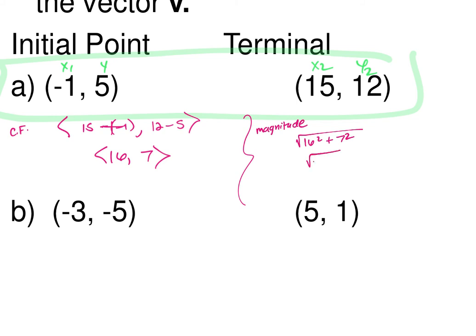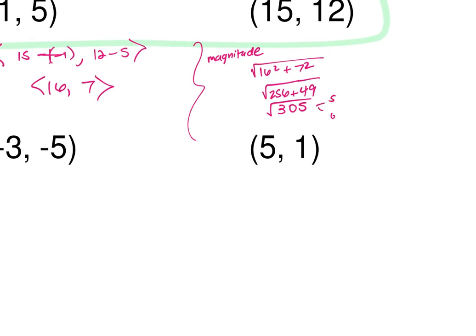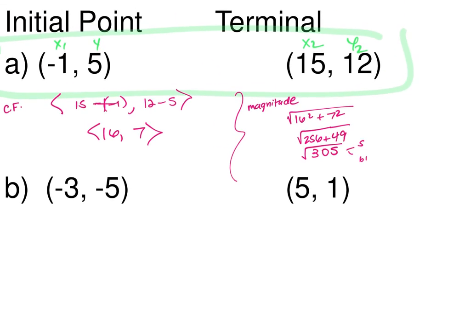So 16 times 16 is 256, and 7 times 7 is 49. I get the square root of 305. 5 goes in here 61 times, and that's prime. I can't go any further with it. So it stays as square root of 305 and component form 16, 7.